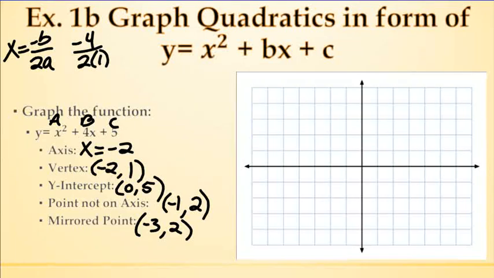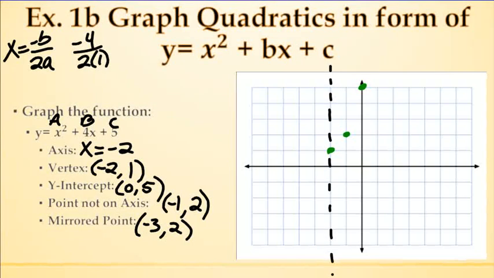So I draw my axis of symmetry, it's at x equals negative 2. Plot my points. My vertex is at negative 2, positive 1. Y-intercept is 0 and 5. Point not on the axis, negative 1 and positive 2.